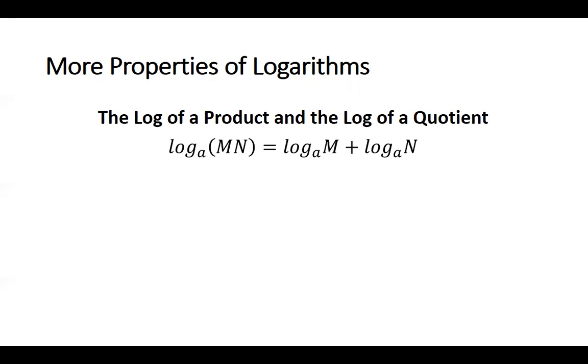Well, if you're thinking about that, we're talking about the inverse of exponentials. Remember that a to the m times a to the n is equal to a to the m plus n. So log base a of m times n is equal to log base a of m plus log base a of n.